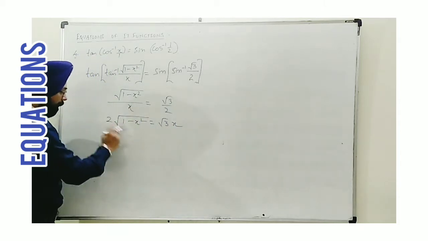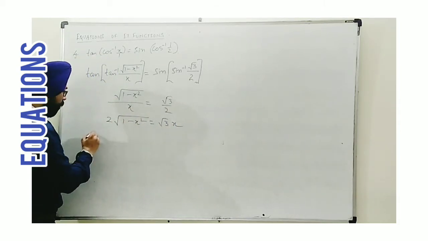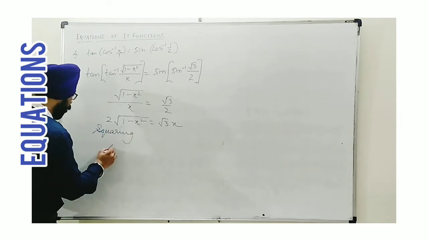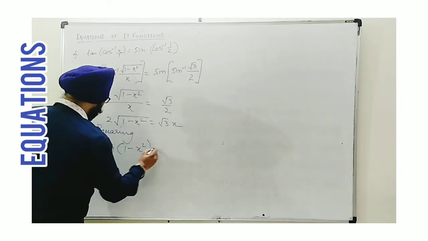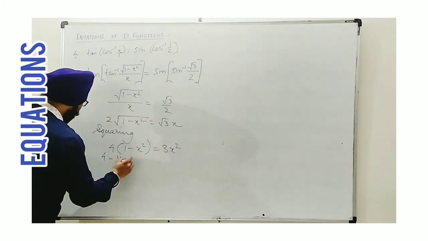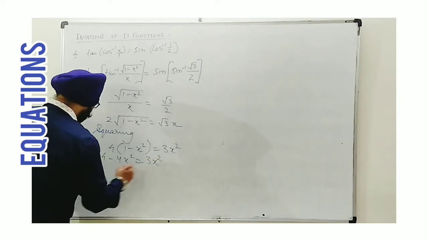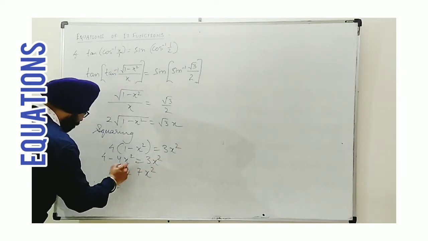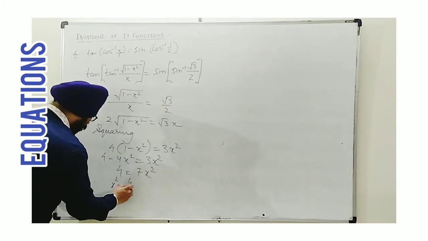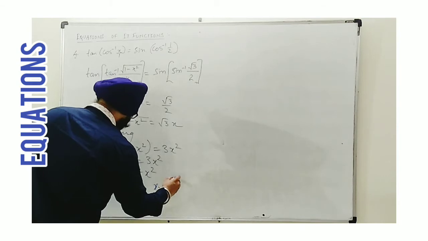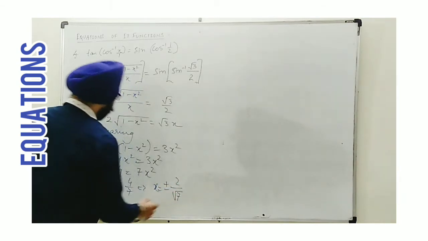As we see, there is a square root on variable term, so squaring both sides, we get 4 times 1 minus x square equal to 3x square. Solving, 4 minus 4x square is equal to 3x square. 4 equal to 7x square. So obviously x square is equal to 4 by 7, which implies x comes plus minus 2 upon root 7.